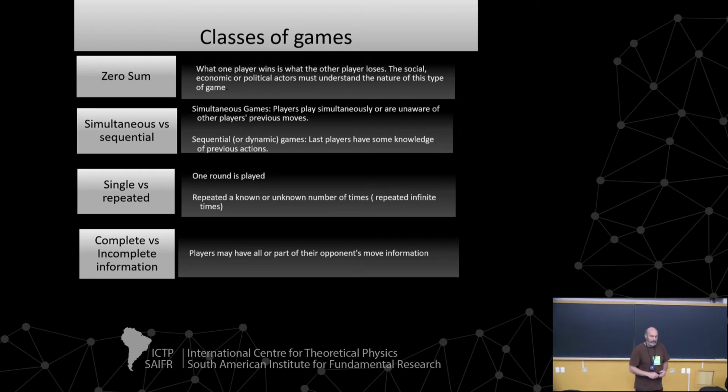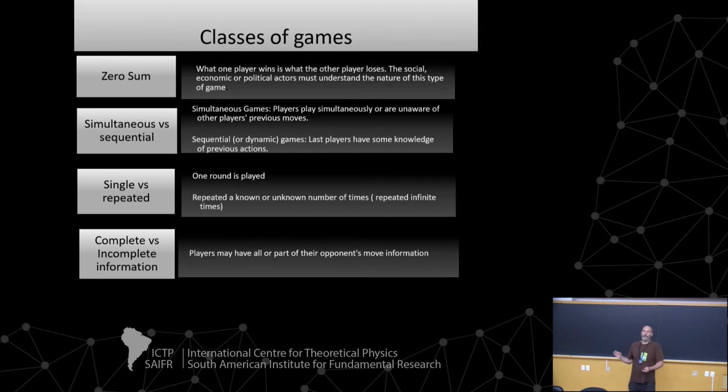So independently of a game being non-cooperative or cooperative, there are some subclasses of games that I want to mention. We have, for example, zero-sum games. And the zero-sum games are games in which what one player wins is what the other player loses. So, for example, poker is a zero-sum game because there is no external income.